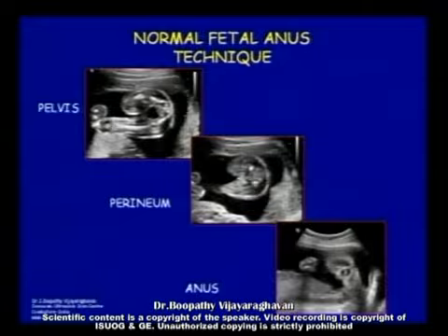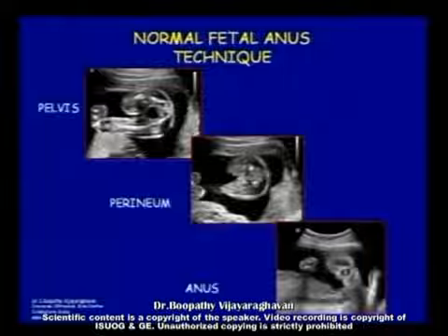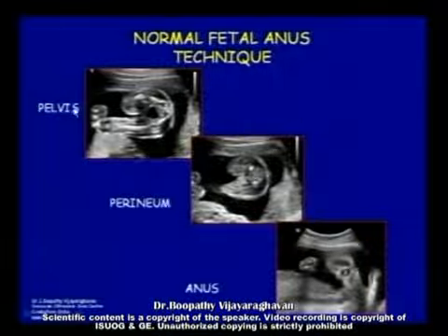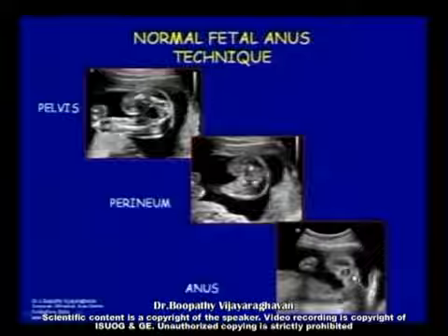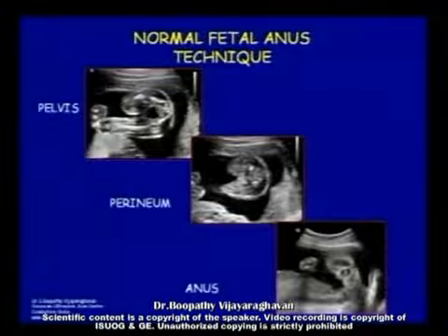First start at the pelvis where you see the urinary bladder and then come down to the perineum, and adjust the probe a little this way and with rotatory movement to get a tangential scan of the perineum, where you will see the bottom well and you will see the nice anus as an echopoor ring with a central dot. So that is the technique.